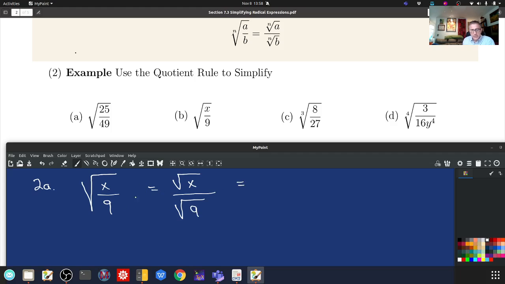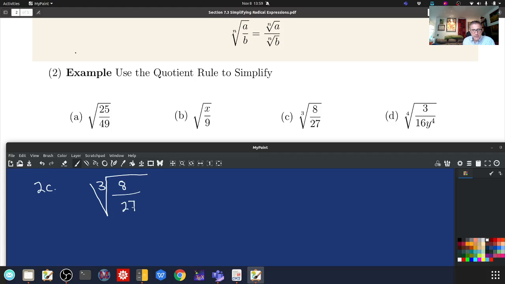So this is just a direct application from this step to this step here. It's just a direct application of the quotient rule, but I can simplify the square root of 9. So I'm going to go ahead and do that. The square root of 9 is just 3. So the cube root now of 8 divided by 27.